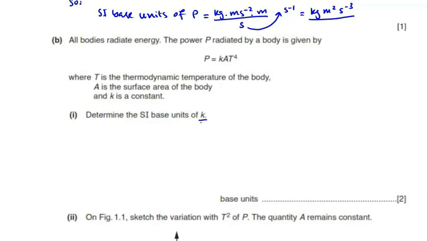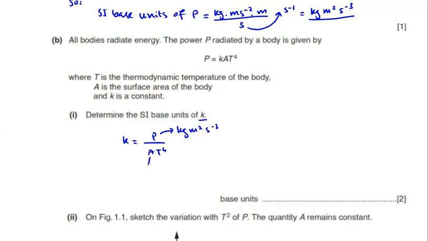Now here students, to determine the SI base units of K, we need this expression, which we can obtain from the given equation. So making K subject of the equation gives K equal P over A times T to the 4. The SI base units of power are kilogram meter squared per second cubed. Students, remember that these are the same SI base units given in the previous part of the question, and now we are using them here in this part.